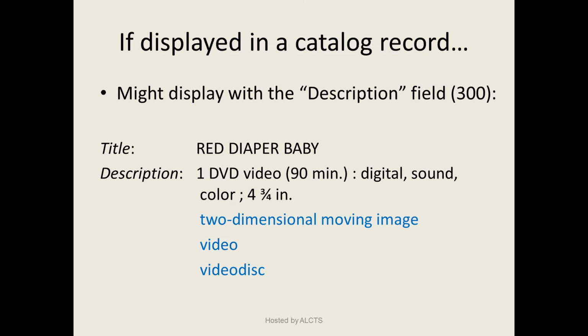If you display them in a catalog record with no other adjustments, they might display with your description or extent statement. This is what happened in our III catalog at my library before we made any adjustments. This is for a DVD where these just came across. We decided to suppress the display of these fields, but we could have chosen instead to provide specific labels for them or just display some of the terms.